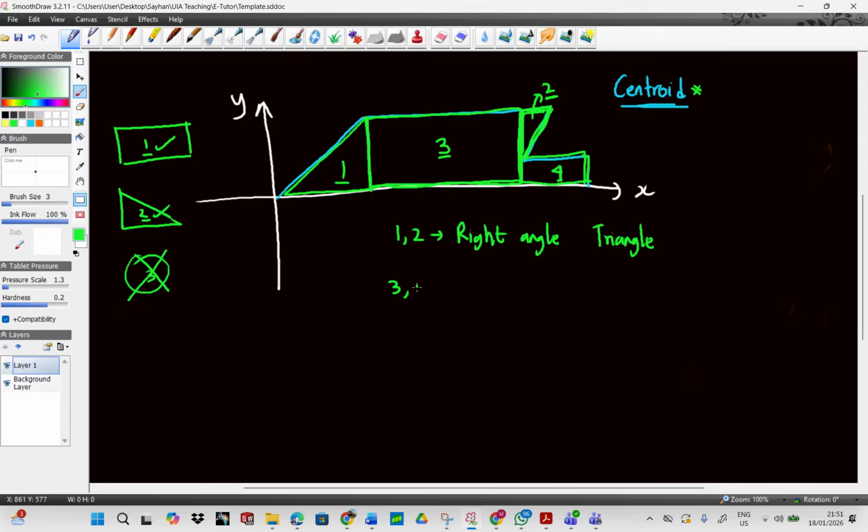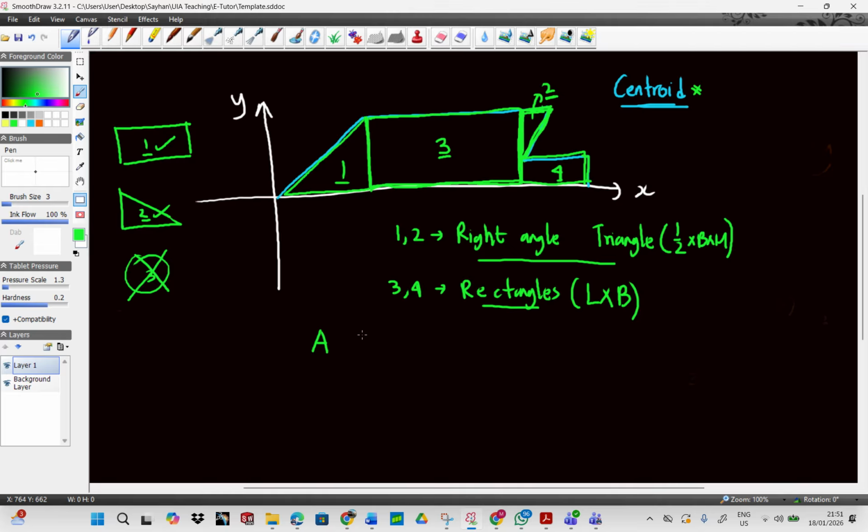Why I did this is because later when you want to find the area of the shape, it's much easier to find the area of a rectangle and a triangle. You guys know the formula for a right angle triangle is half times base times height, and for a rectangle it's simply length times breadth. Correct or not, guys? Yes, sir.